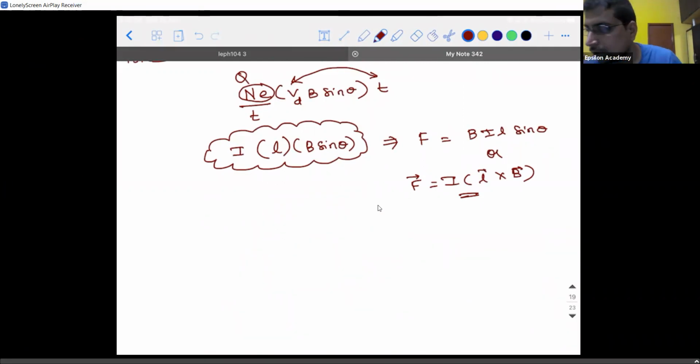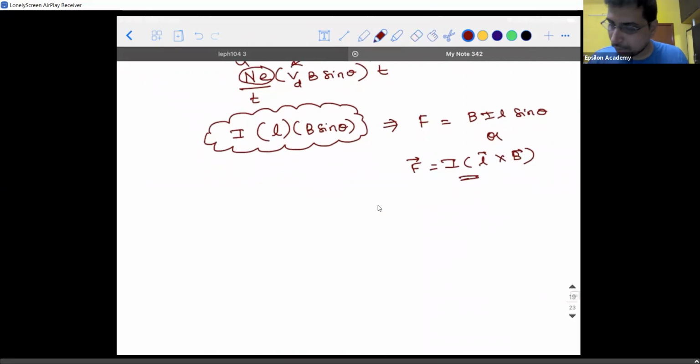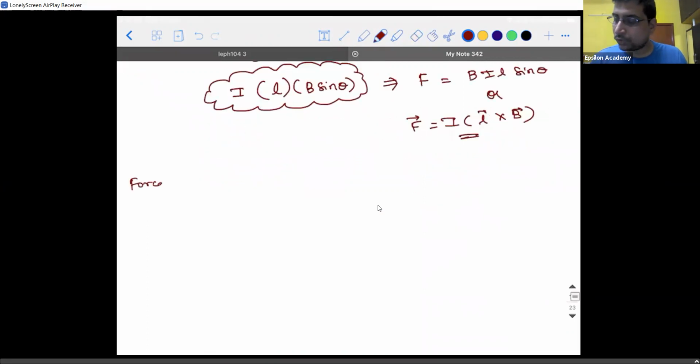Okay. Now listen to this carefully, guys. Now, force between two parallel current carrying conductors.